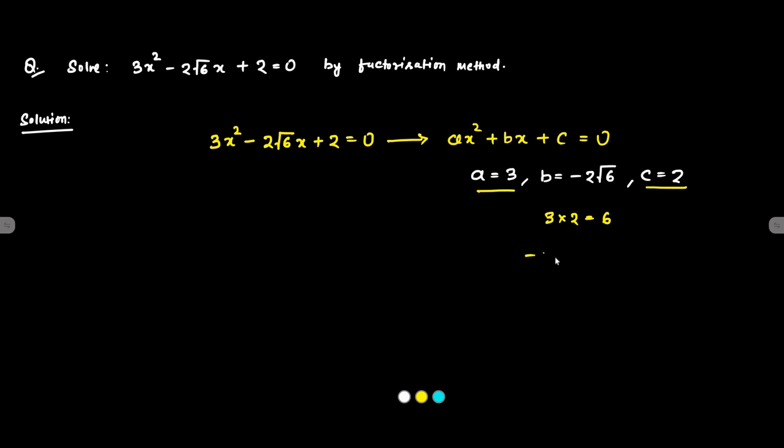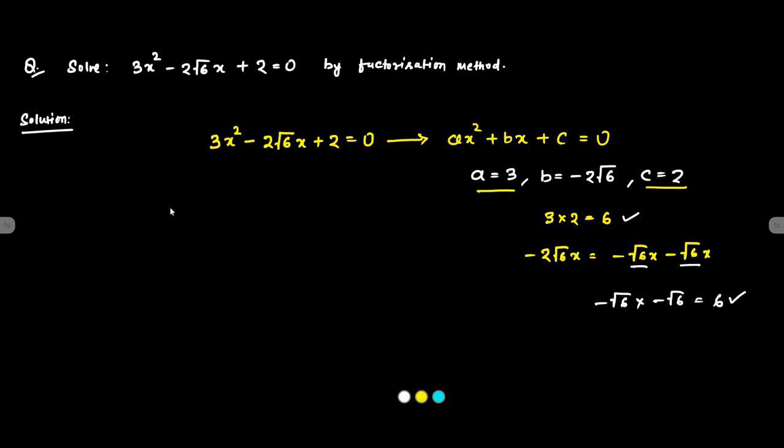Minus 2 root 6x, we can write as minus root 6x minus root 6x. Here the product of the two split terms, minus root 6 into minus root 6, is equal to 6. So here also 6, here also 6. So in this way we will split.